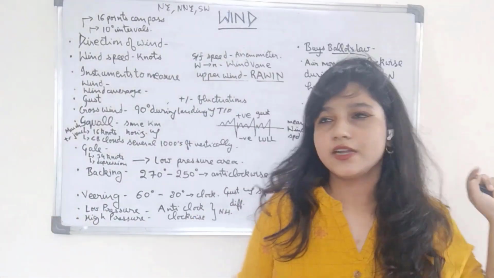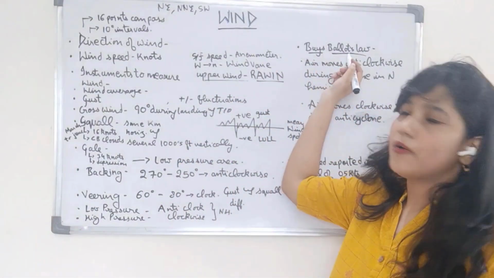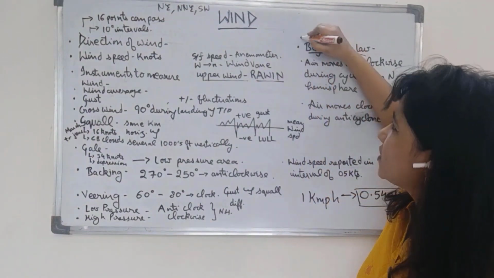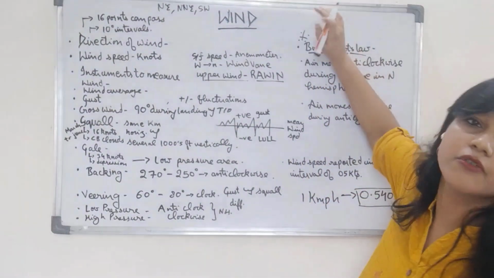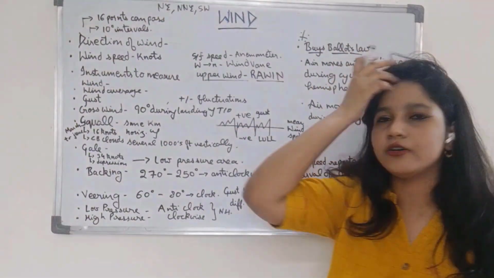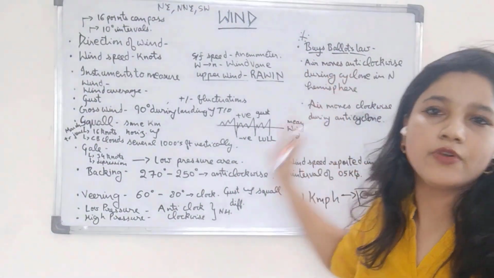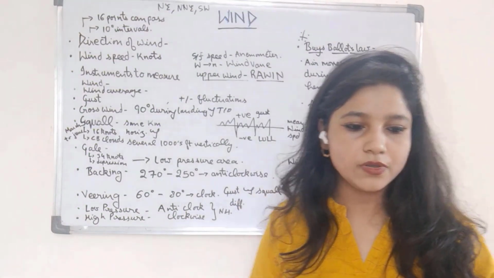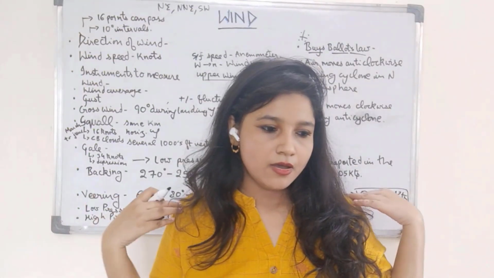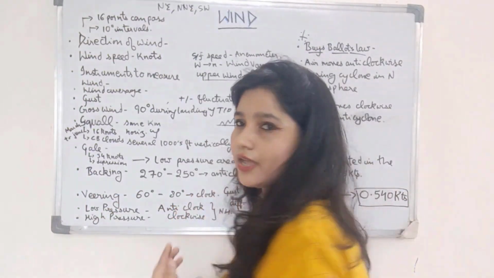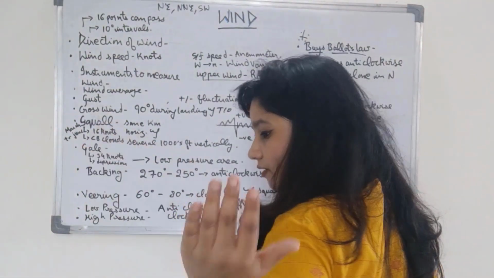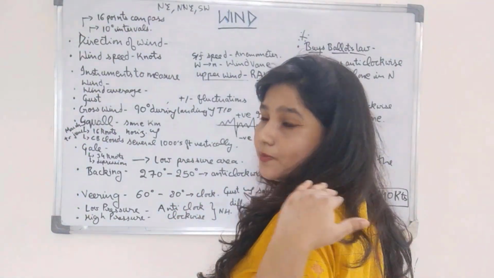And then we will study Buys Ballot's law. It is a very important law, guys. You will definitely get a question from here, no doubt. It comes like every year. It's a repeated question. What this law says is, suppose wind is coming from this direction and my back is towards the direction from where the wind is blowing.